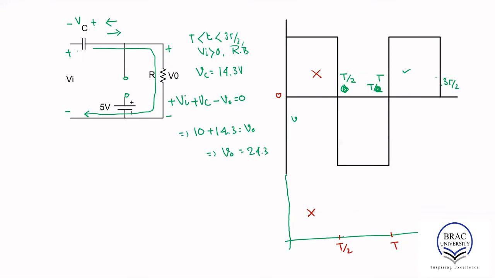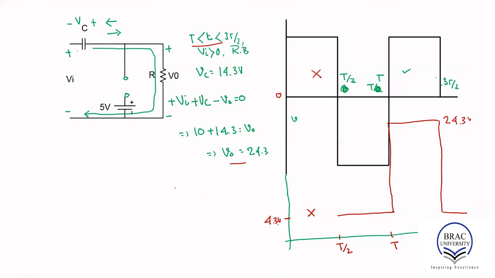From T by 2 to capital T, we have 4.3. And then from T to 3T divided by 2, during this interval we found 24.3 volts. So 4.3 to 24.3.